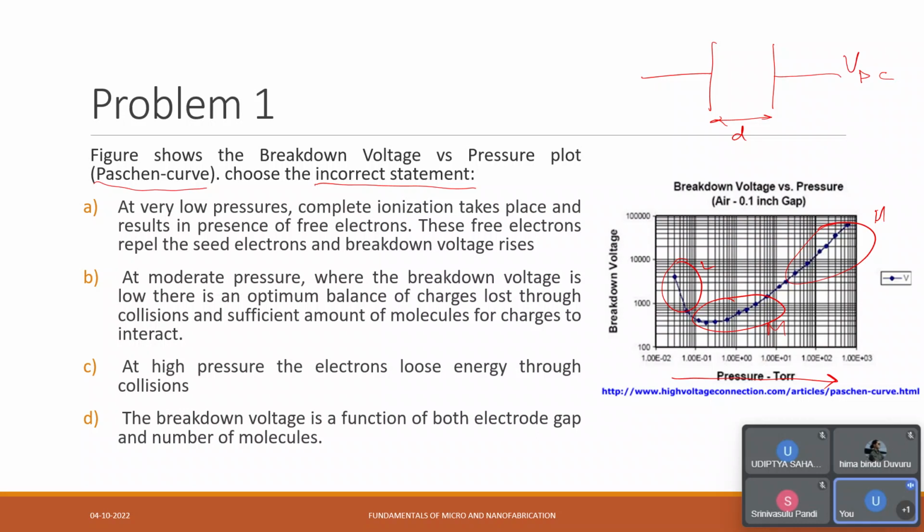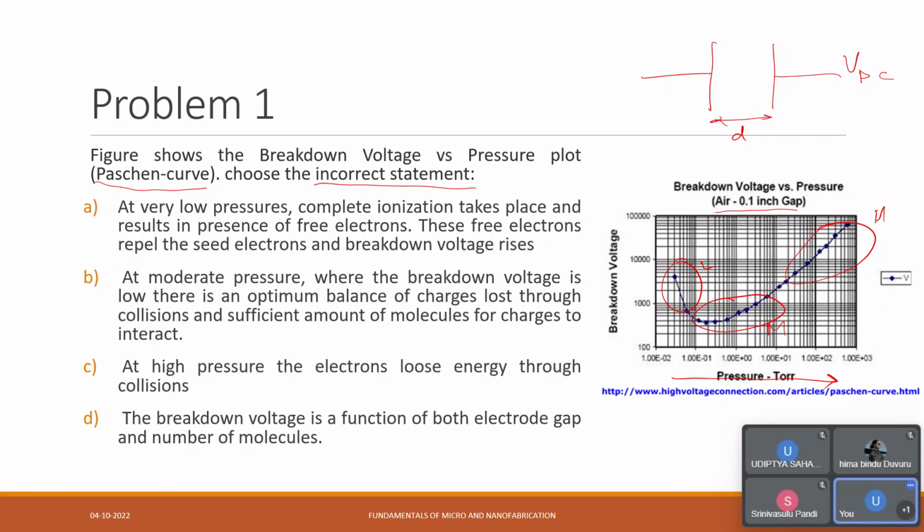This graph specifies that the air has a 0.1 inch gap. If we change the gap of air with the same pressure, the breakdown voltage would differ. Such graphs also come with the specified gap.